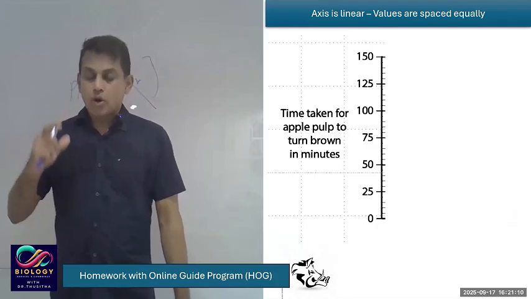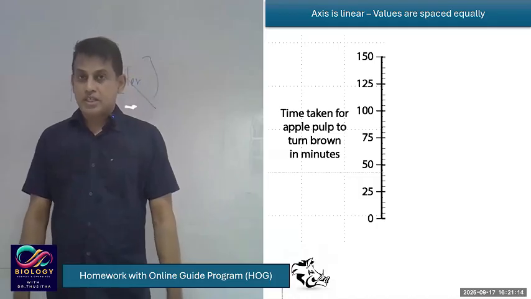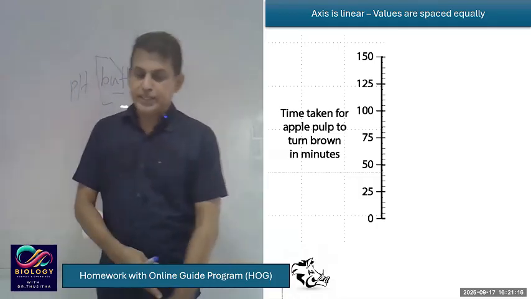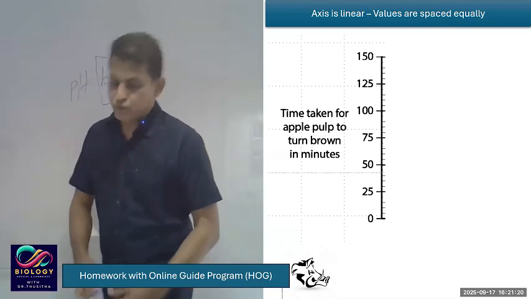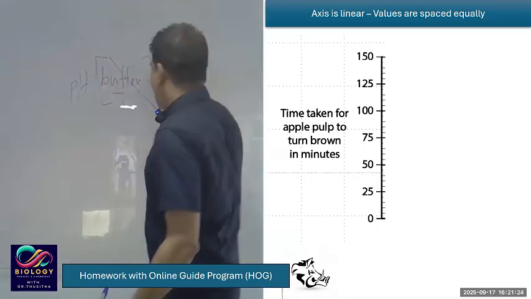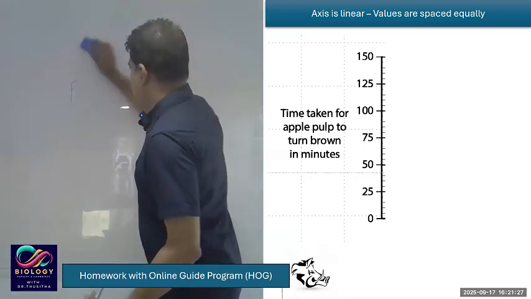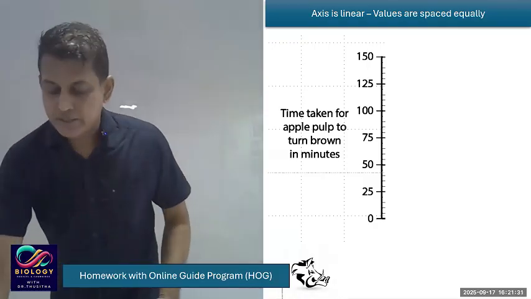This is called linear. So if the values are spaced equally, we call it linear. It is very important even in the future when you're going to draw a graph. You should use a linear scale, otherwise you don't get marked. So now you learn one thing, what is the meaning of linear scale in a graph.